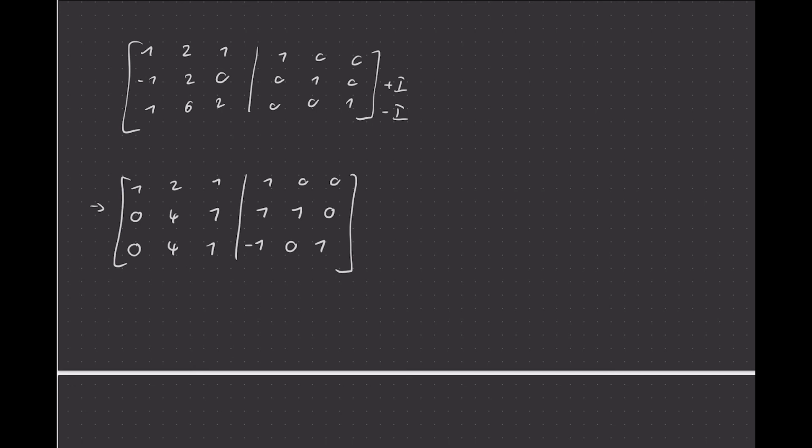So you can see here we have our first pivot. And the second pivot is going to be this entry here, the 4. So to obtain zeros below that 4, we are just going to subtract the second row from the third one.